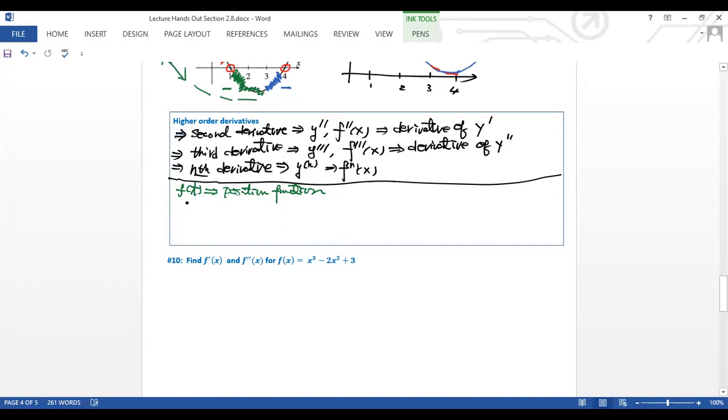The first derivative with respect to t is what we call the velocity function. That means how fast you are driving or running. Then the second derivative is what we call the acceleration function.